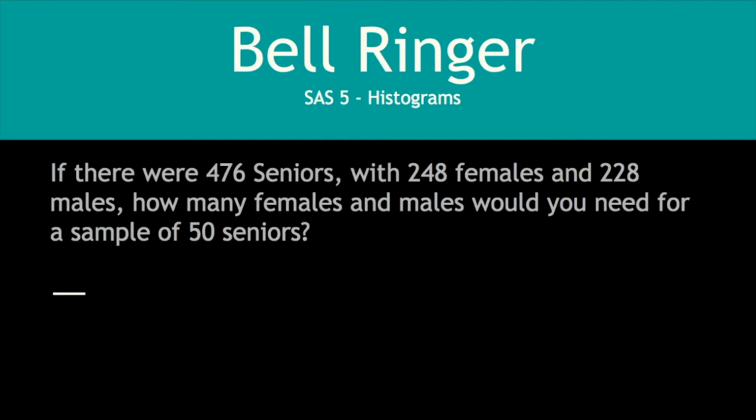You want to make sure you had the same ratio of females to males in the sample that you do in the population. So we'll take the number of females and divide by the number in the total class, find that percentage, and then multiply the decimal equivalent of that by 50 to find out how many of those 50 need to be female. And we'll do the same thing with the males.